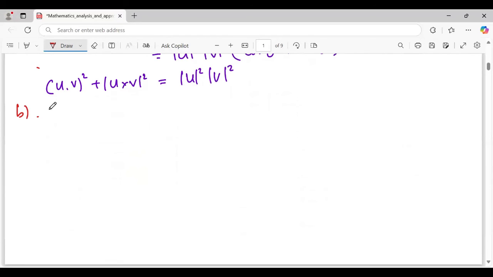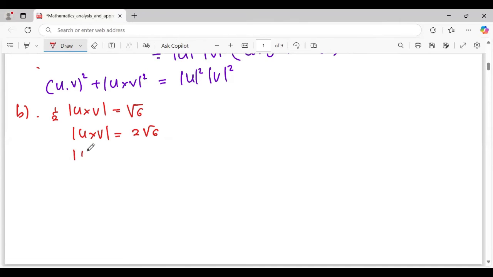Area of triangle is square root 6, so half modulus u multiply phi equals square root 6 according to the information. It means modulus u multiply phi equals 2 square root 6.